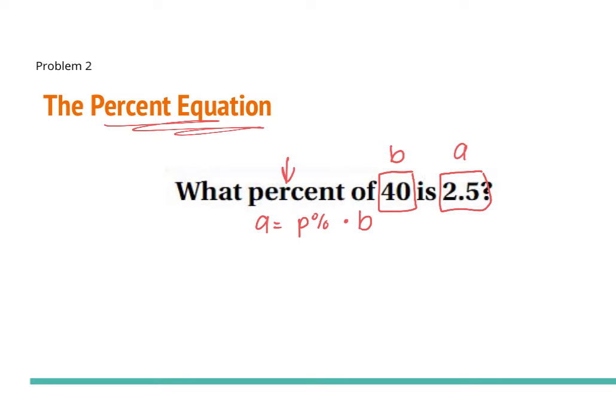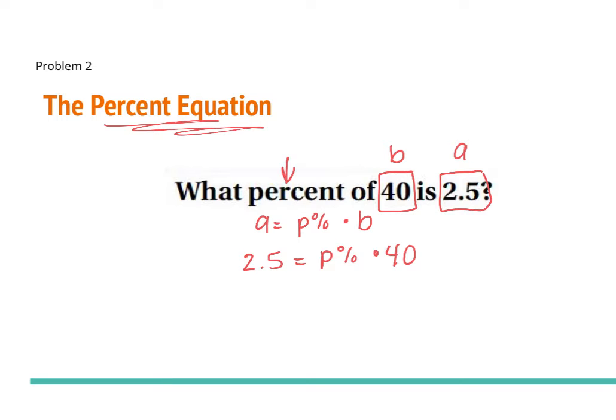They will put a larger number for A and a smaller number for B, okay? So we just plug these in. So if B is 40 and A is 2.5, we just plug in 2.5 equals P% times 40, okay?